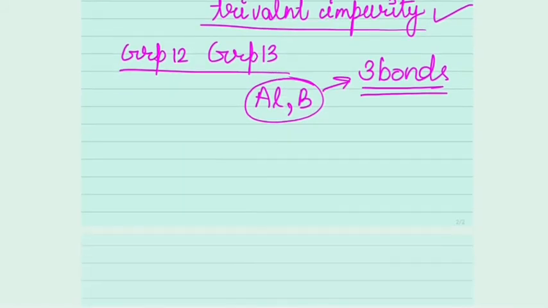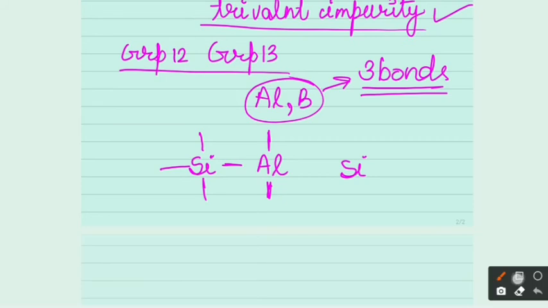So now here we will understand the concept of holes. See, this is my silicon atom, and it can make 4 bonds. Here is my aluminium. We know aluminium can only make 3 bonds. So if one is here, one is over here, and one is over here, now it cannot make any bond over here. This space will remain empty.